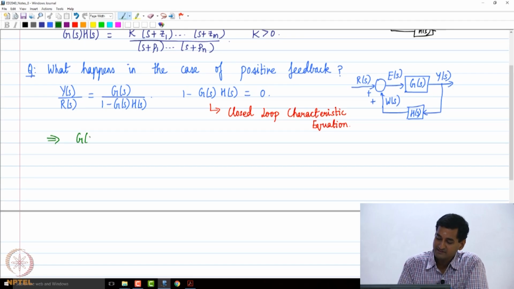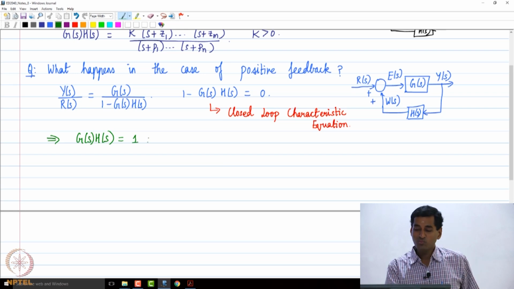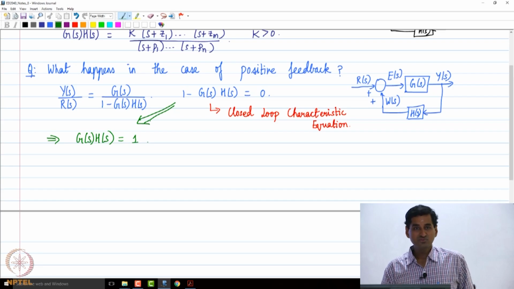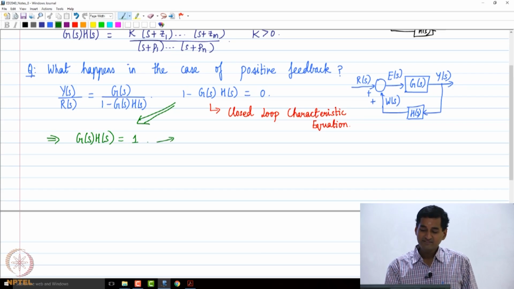This implies that any value of s which makes the open loop transfer function equal to 1 will be a closed loop pole. This will once again give us two conditions.